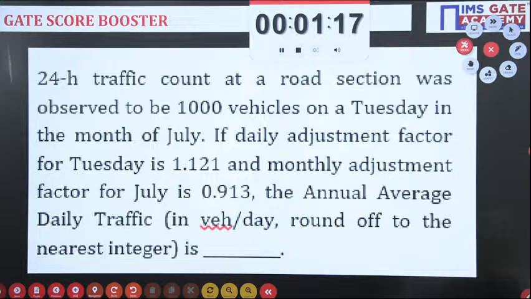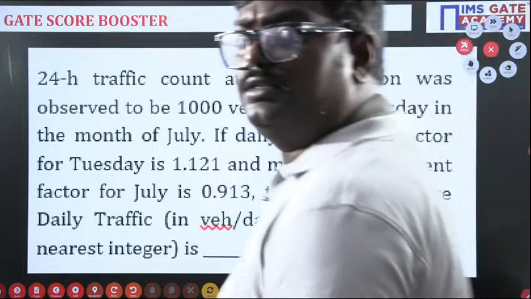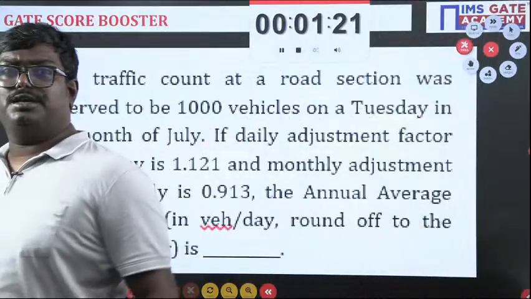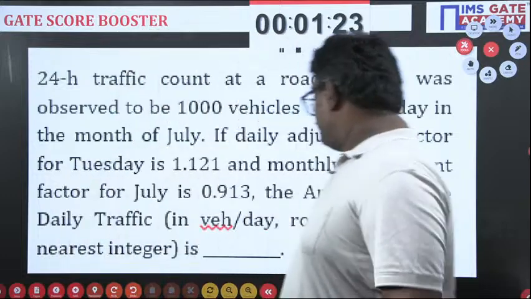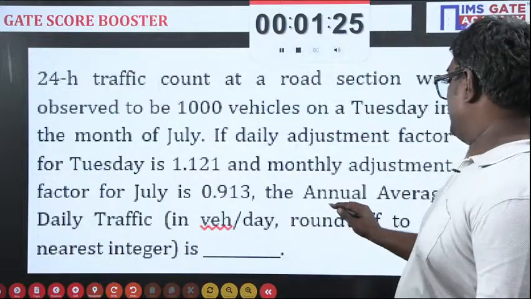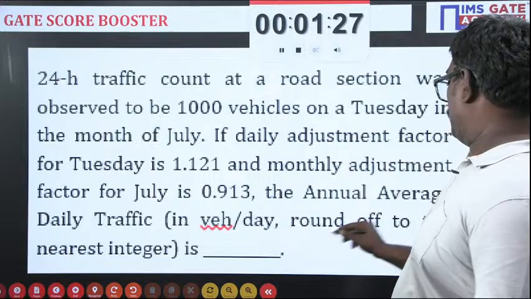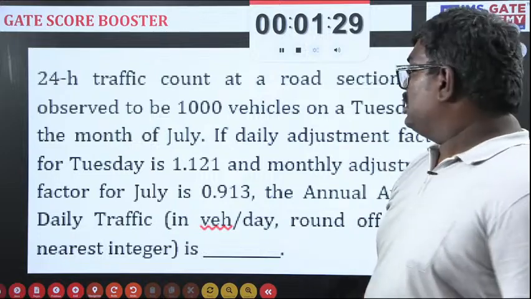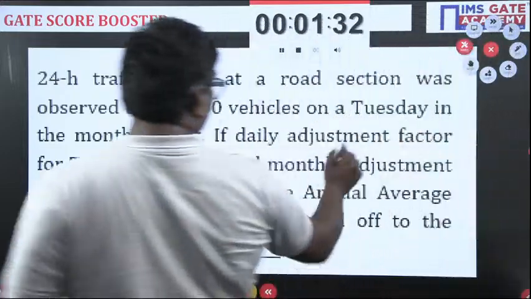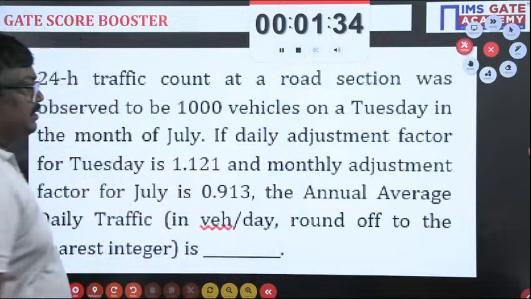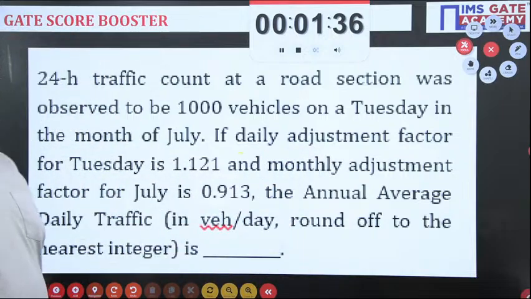Now see, what have they asked you? They have given the annual average daily traffic, round off to the positive integer. And they have given the daily adjustment factor and the monthly adjustment factor.